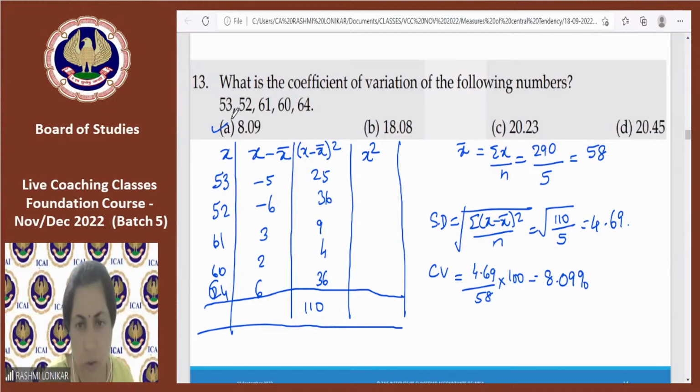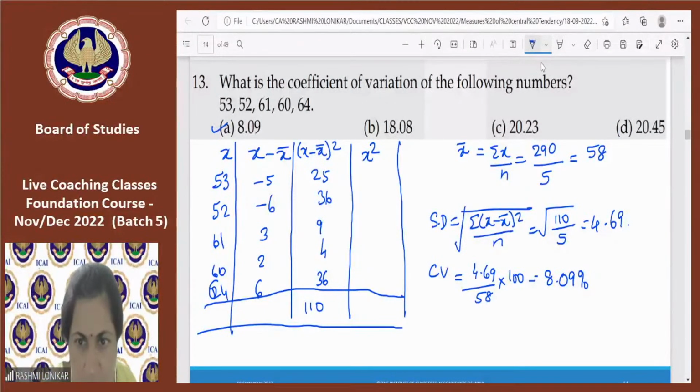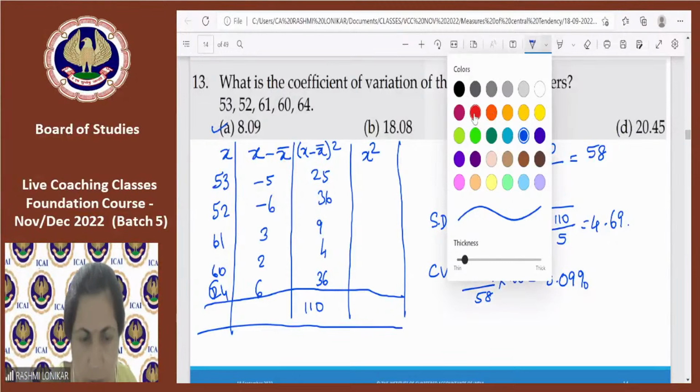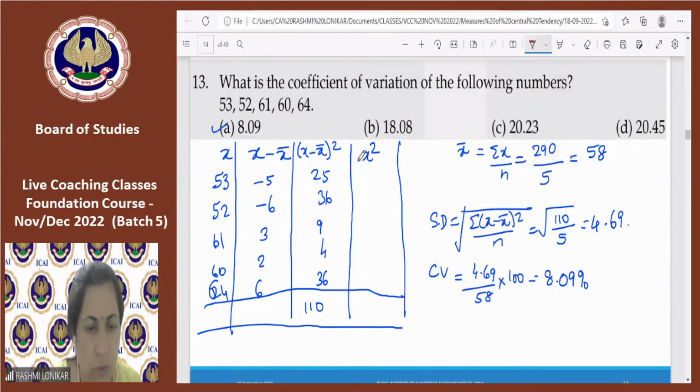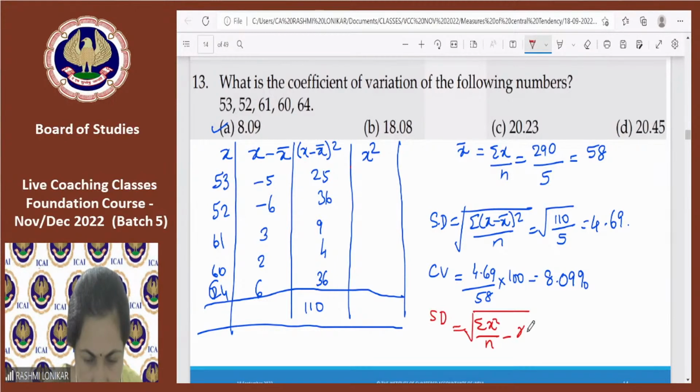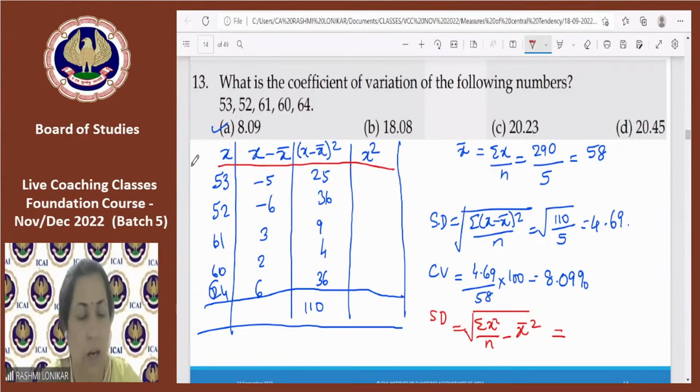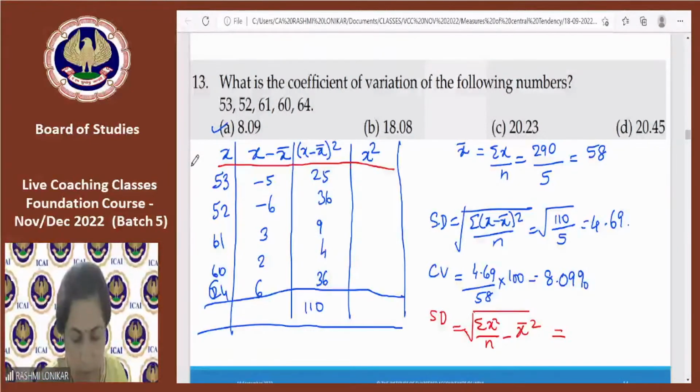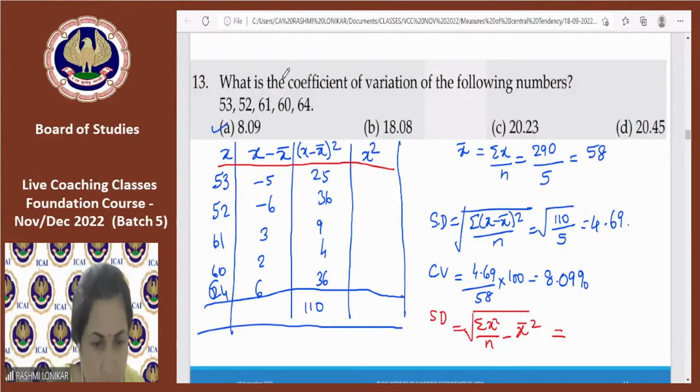Now I also wanted to show you how, if you require, you can find the standard deviation using this formula. Standard deviation is equal to square root of summation x square upon n minus x bar square. Okay. Now for this we need to find squares of these numbers. 53 square is 2809.